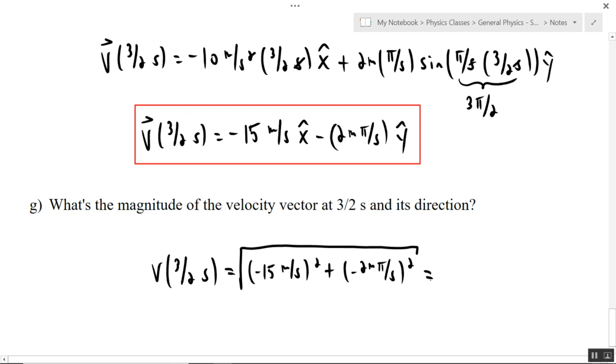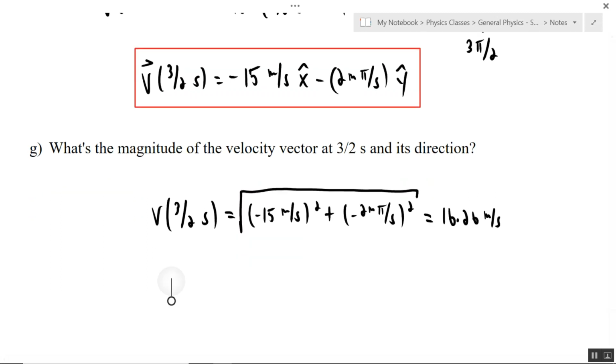And so that should be, if I did it right, 16.26. I can show you quick. It's 15 squared plus 2 times pi squared, and then you take the square root.